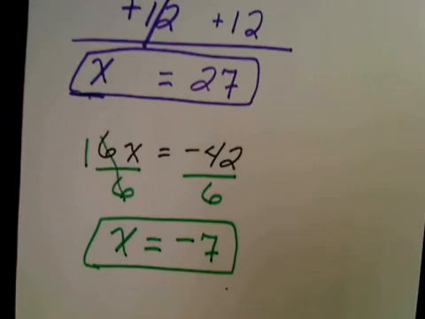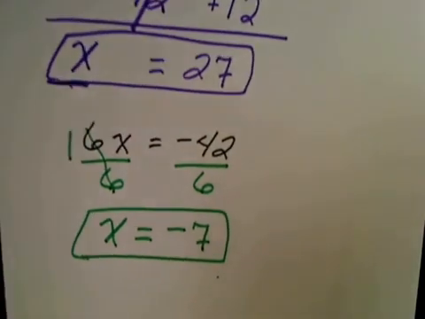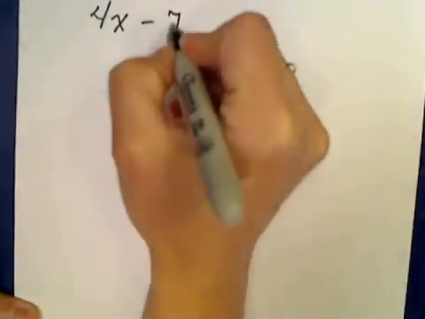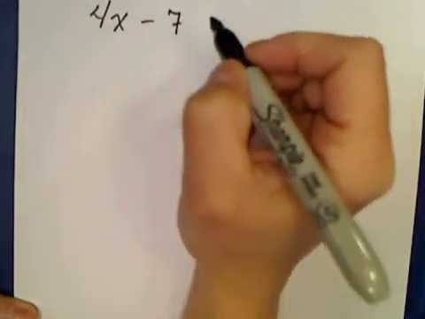Those are 2 examples of solving one-step equations. Now it's going to get a little bit larger, and we're going to do some two-step equations. How do the two-step equations change or differ from the one-step equations? Well, let's start off with one. Say 4x minus 7 is equal to 37.